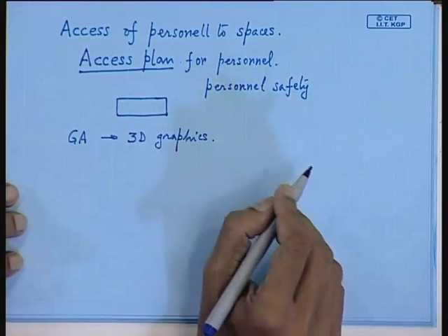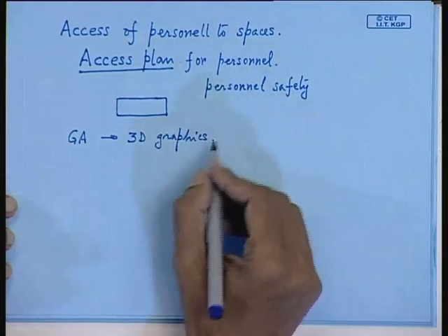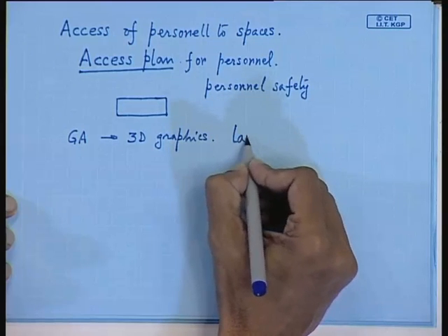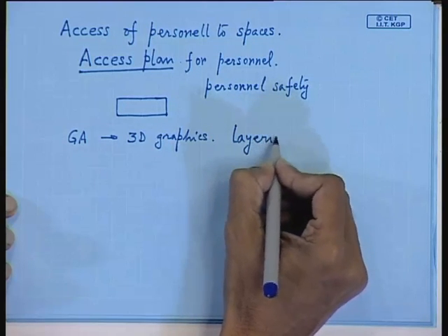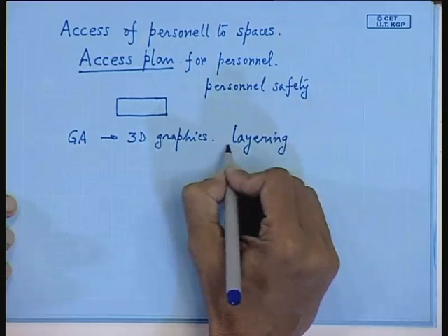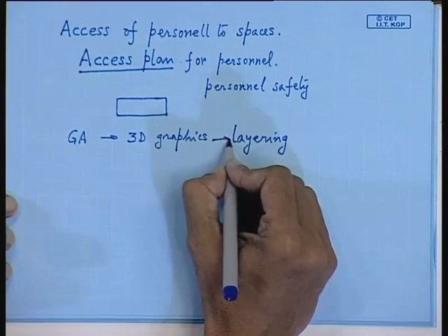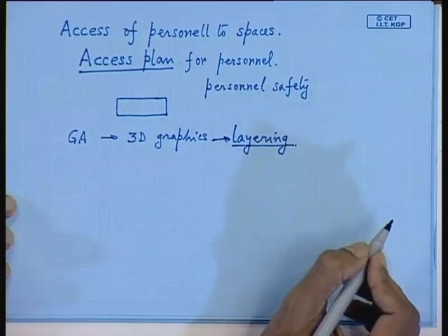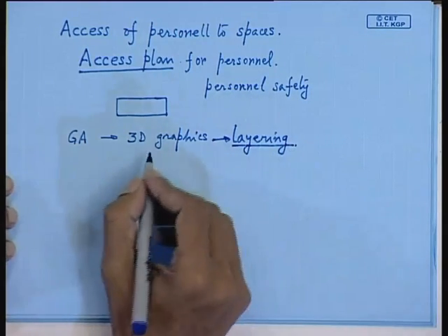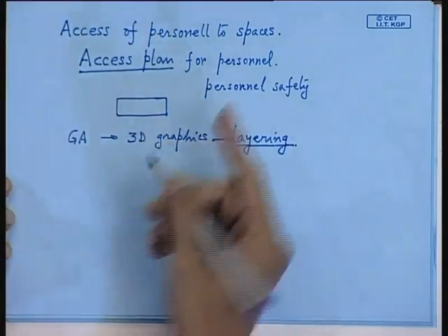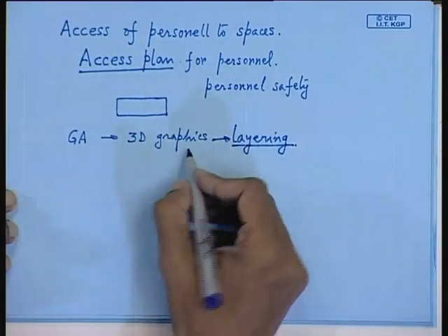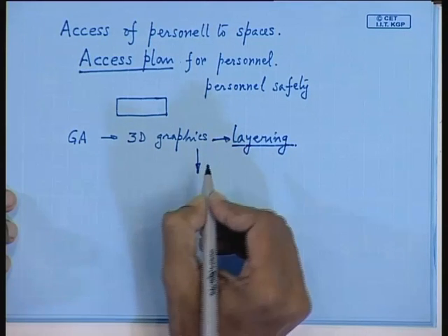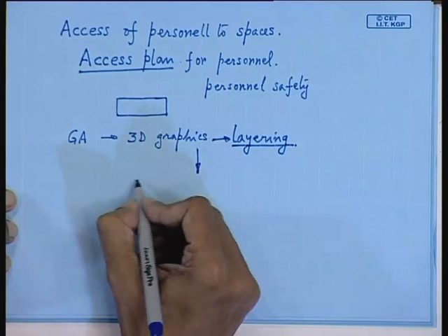You have to be quite proficient in that, and you have to do a number of layers, which is called layering of the drawing. Nowadays everything has been computerized. Now, after you locate all the spaces and the access plan, you have to do a number of iterations to arrive at the final GA.